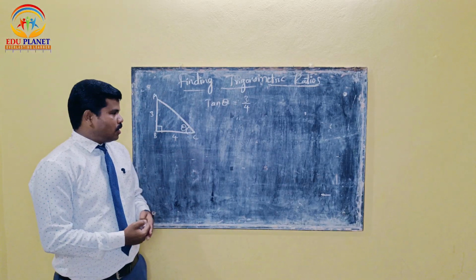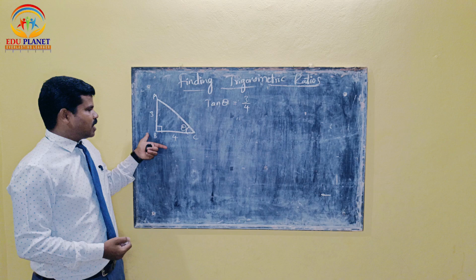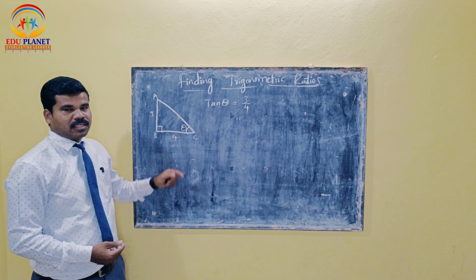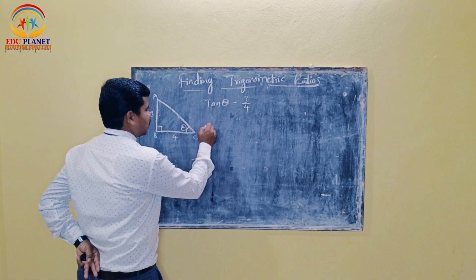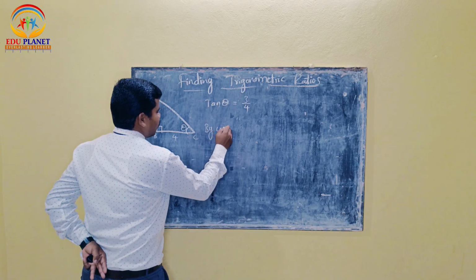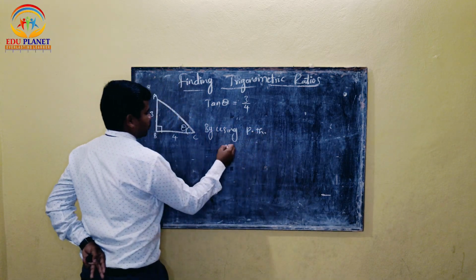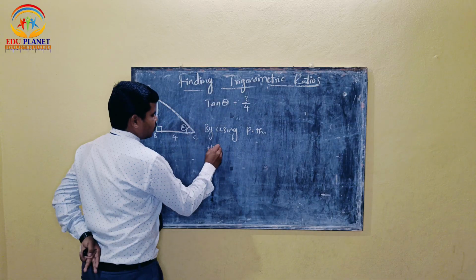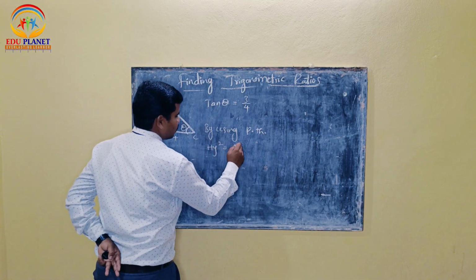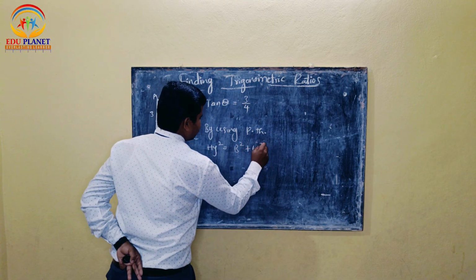First of all, with the help of the given sides, we will try to find the third side by using the Pythagoras theorem. What is the Pythagoras theorem? Hypotenuse square equals base square plus height square.